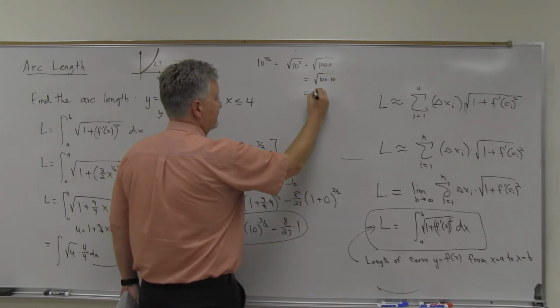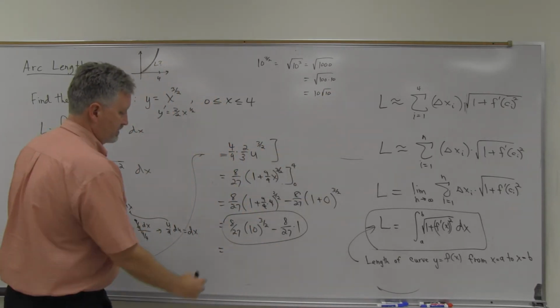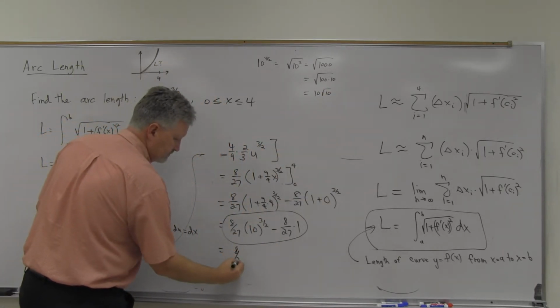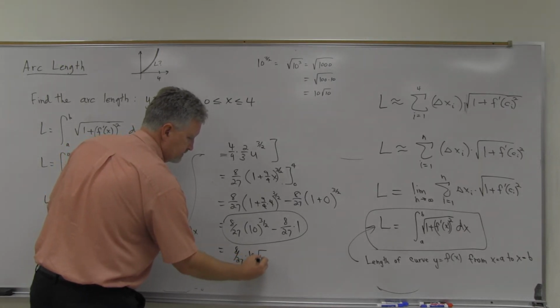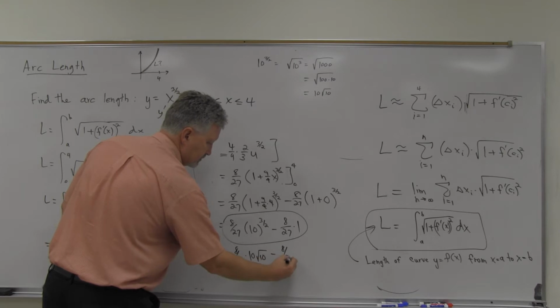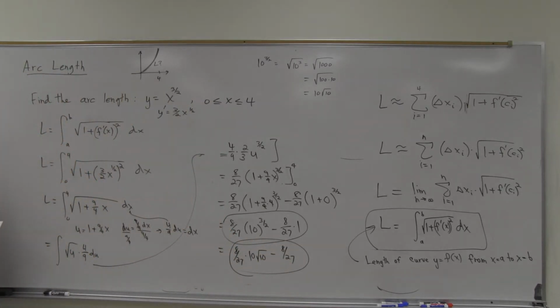That's 10 square root of 10. That's how they would probably write that. 10 to the 3 halves is 10 square root of 10. So just FYI, I don't necessarily have to have that form, but just be aware. All right, any questions on that? Is that okay?